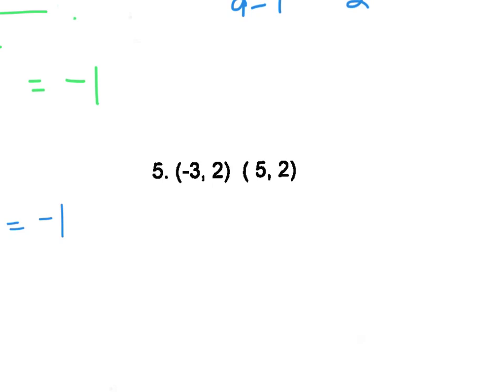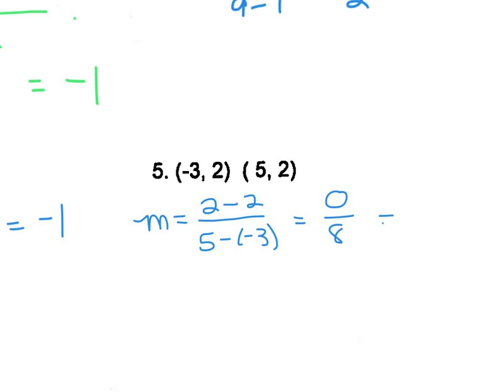Okay, number 5. My slope equals, exactly, change in my y over change in my x. Uh-oh, I have 8 divided by 0. So what is 8 divided by 0? If I do it on my calculator, I get 0. Yes, it has to be simplified to 0, or yes, it is wrong.